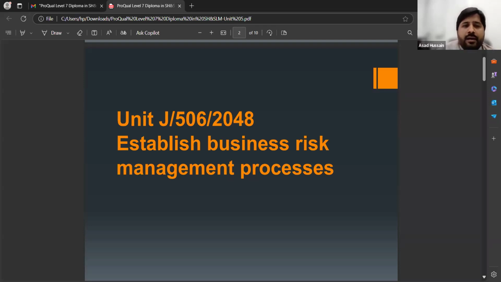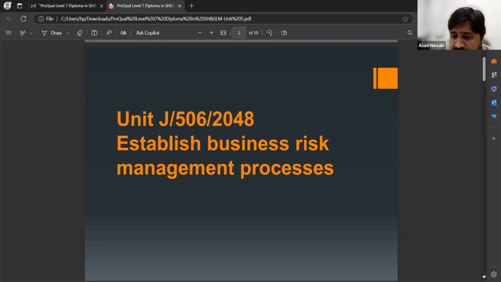So you should be clear, as a learner or as an assessor, that you have to consider this unit as a business risk management process. The explanation, the narration, and the evidence provided should be related to business risk management, instead of only considering general health and safety risk management processes.